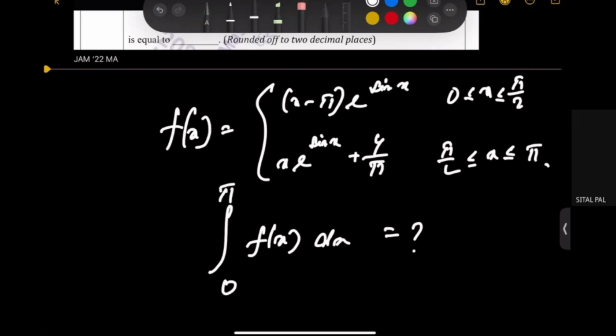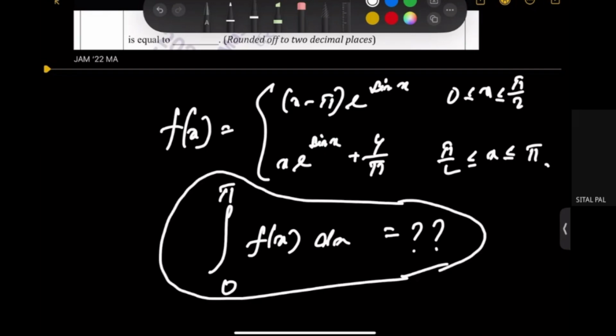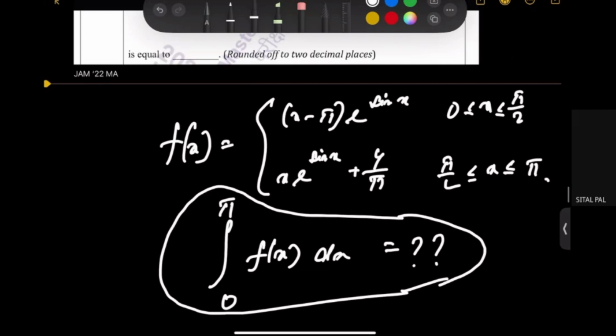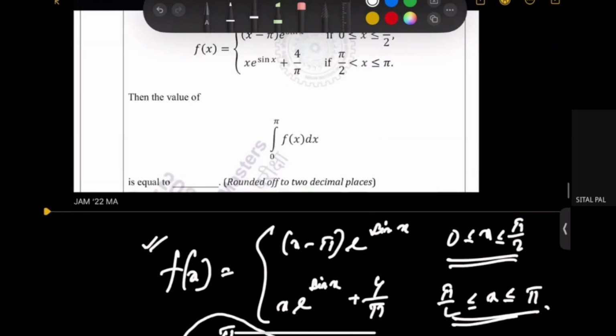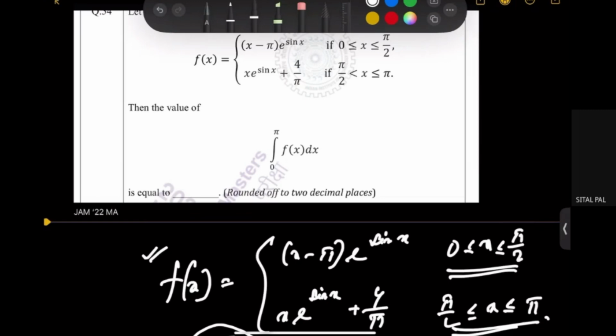So what is this integral? Any idea, guys? This is your question. f(x) is given like this when x lies in these ranges, and what is the integral of f(x) over 0 to pi?